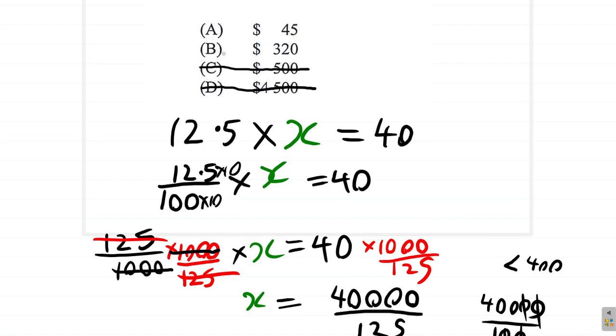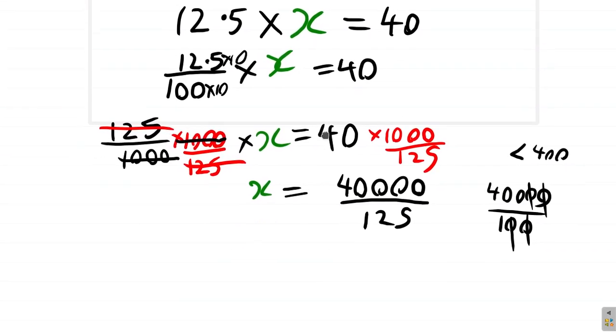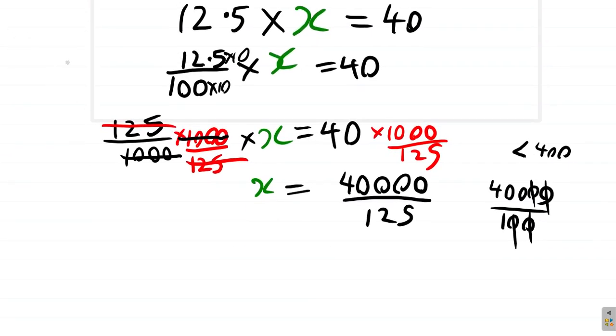You see, that would be a quick way of getting the answer. But we're not in an exam today. So we're going to go into the details of it and see the exact value. Now, what is 40,000 divided by 125?